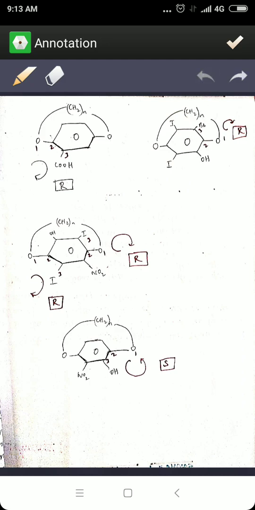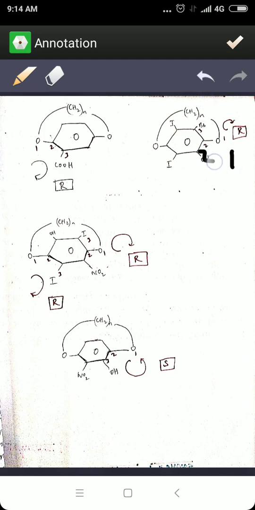Now here you have a bromide and you have a hydroxyl. According to the priority group, we know that halides always get the first numbering or the highest priority, and then second is the hydroxyl. So based on this, we are going to number in such a way that bromide gets number 3. Let us first identify the pilot atom. After identifying the pilot atom, we'll start numbering.